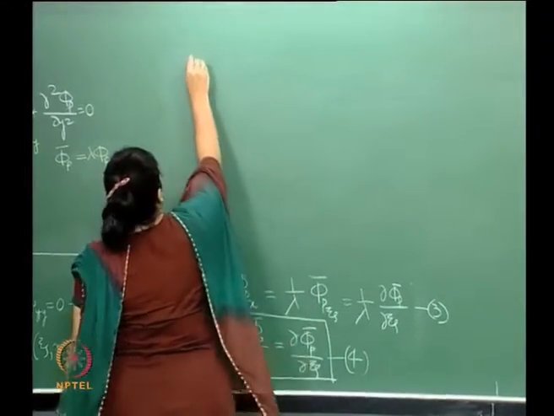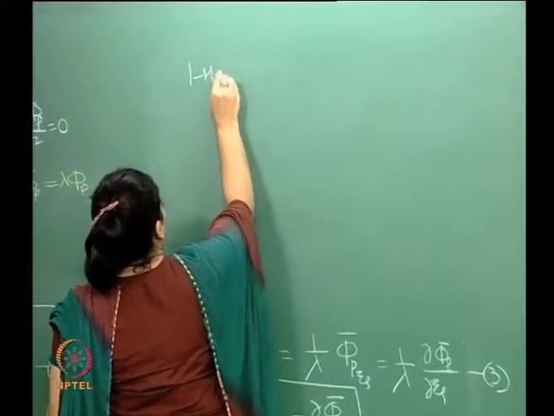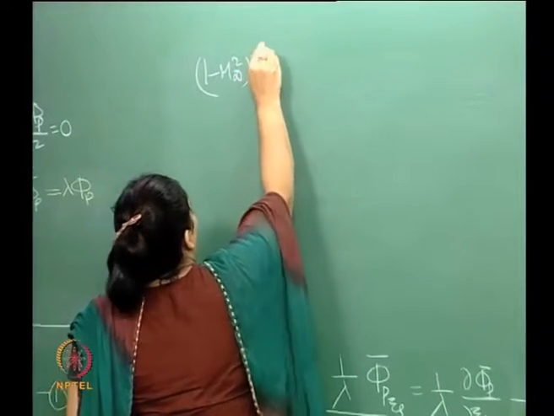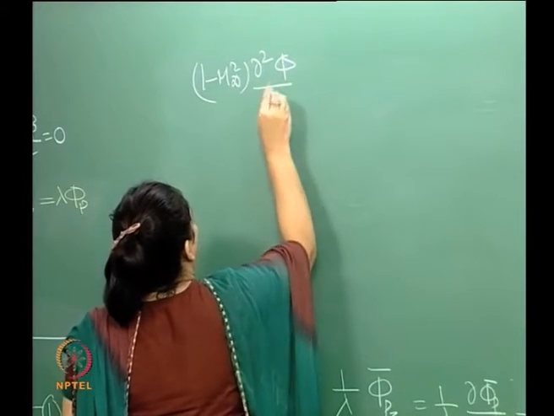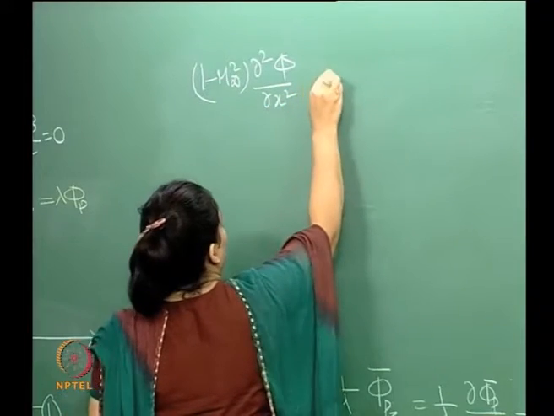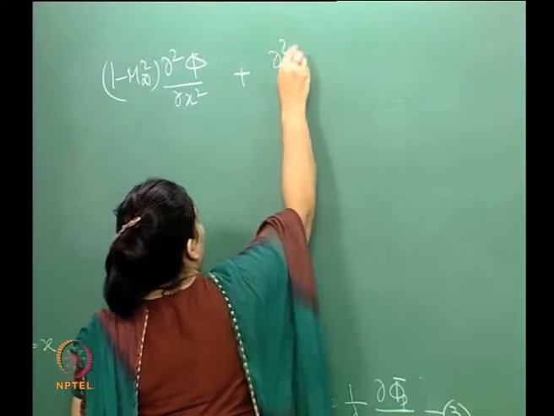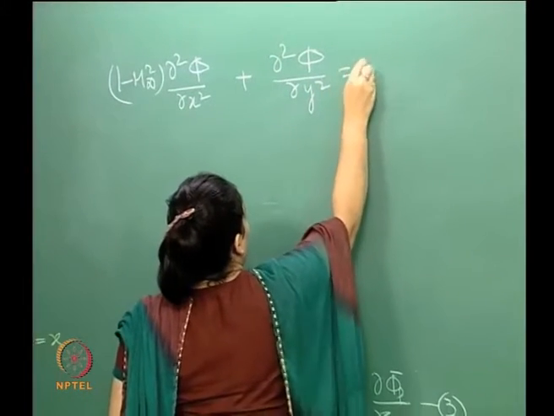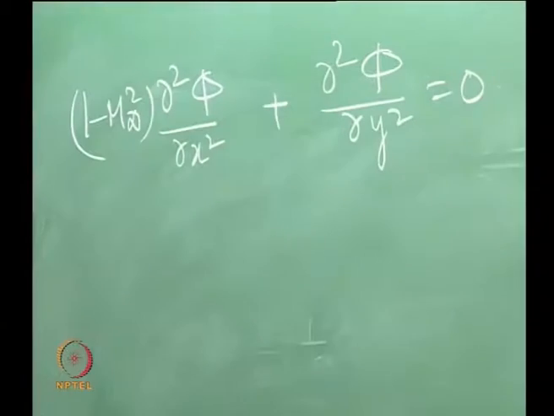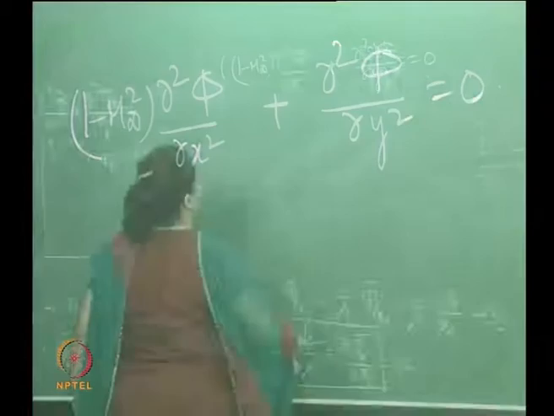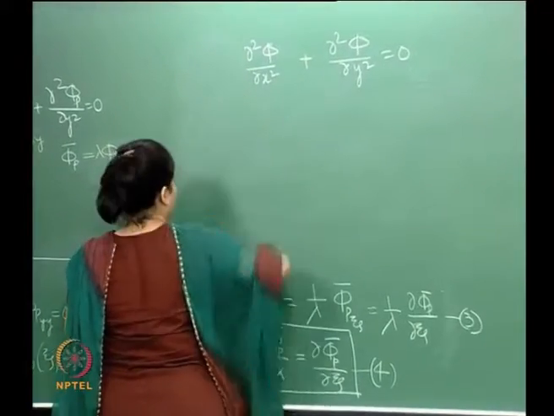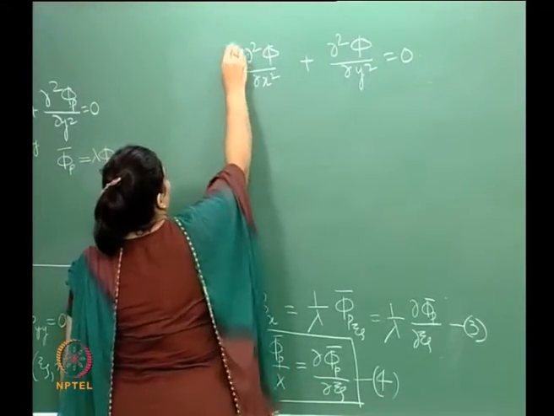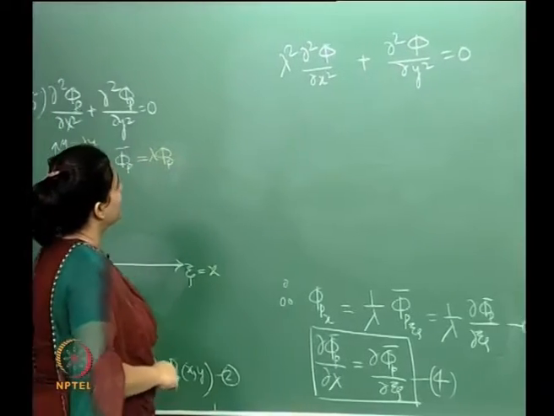So, this is our equation. Now, we can also write this as lambda square, as we have assumed.